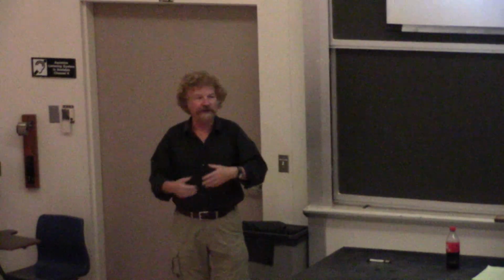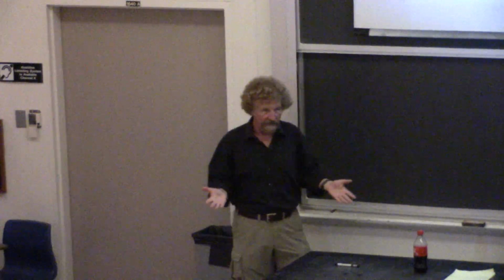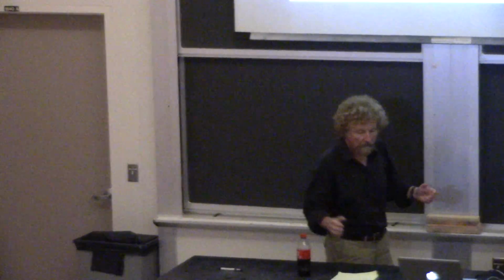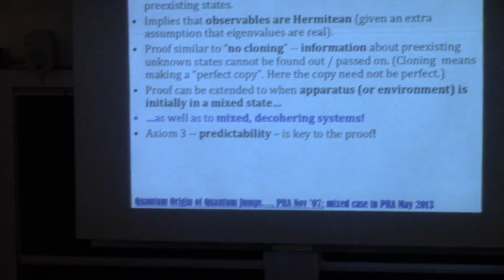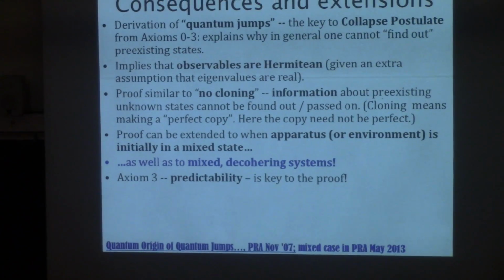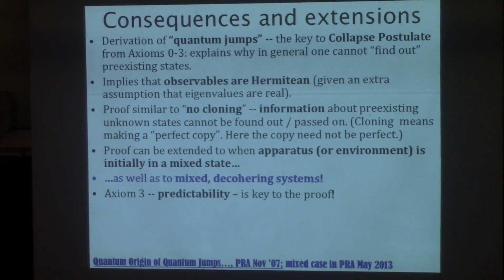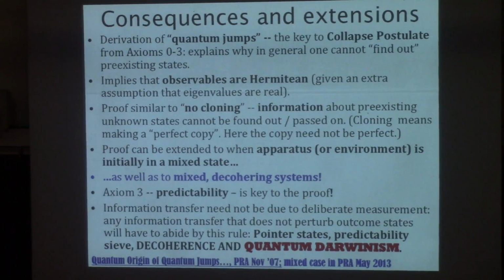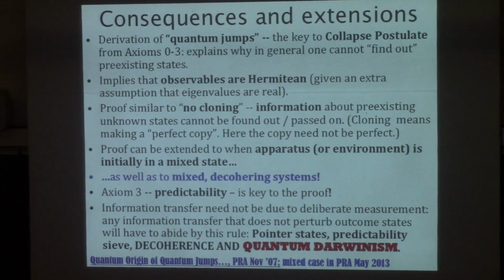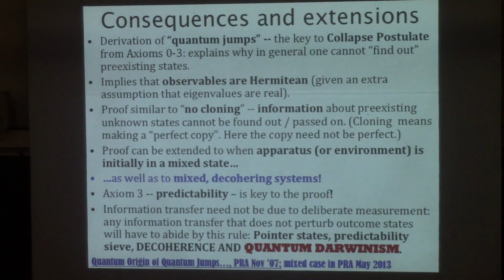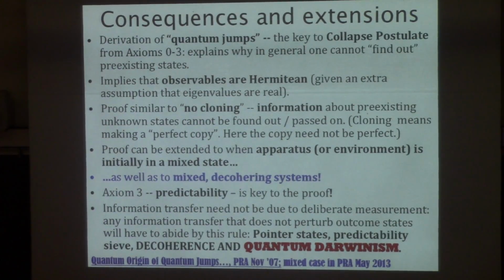The microscopic state is going to change, apparatus and so on are plugged into walls, interact with the air and so on. Yet you will always see that the outcome was 17, for example. Predictability, which is an extension of repeatability, is key to the proof. And information transfer need not be due to deliberate measurement. Any information transfer is going to do it.